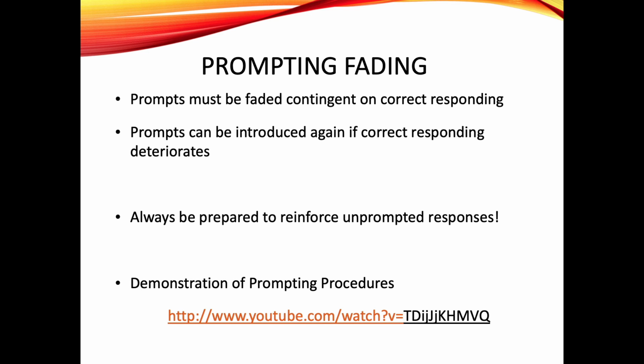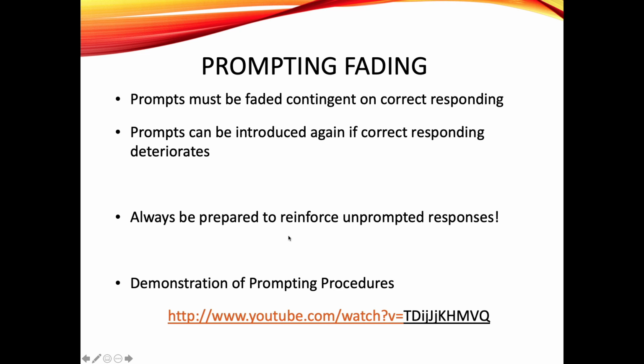So we have a procedure where we are fading the prompts based on X amount of correct responding for X amount of sessions. In this example, let's just say I'm using 80% correct responding for 3 consecutive sessions, or 80% or more, right? Correct responding.